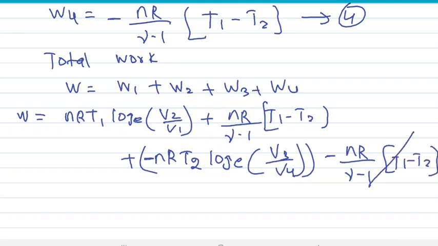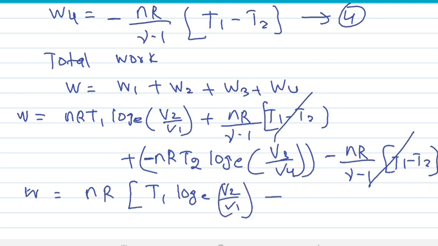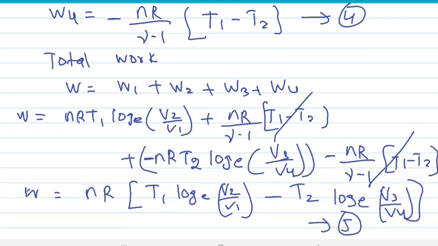So here these two terms will be cancelled, and W is given by nR, taking nR common, T1 into log base e V2 by V1 minus T2 into log base e V3 by V4. This can be taken as equation number 5.